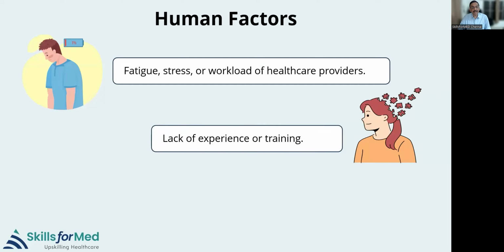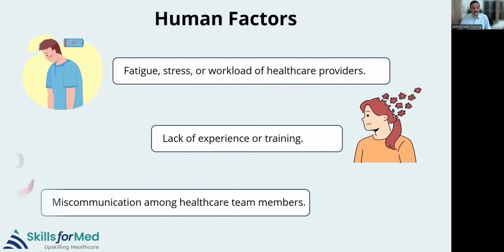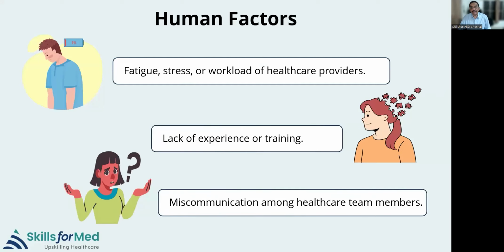The second is lack of experience. I already spoke about it. Any freshers coming into the hospital are more prone to make errors. And miscommunication. Communication is the most important cause of error in general, not only medication error, any error which happens in the hospital. Miscommunication is the most important cause.